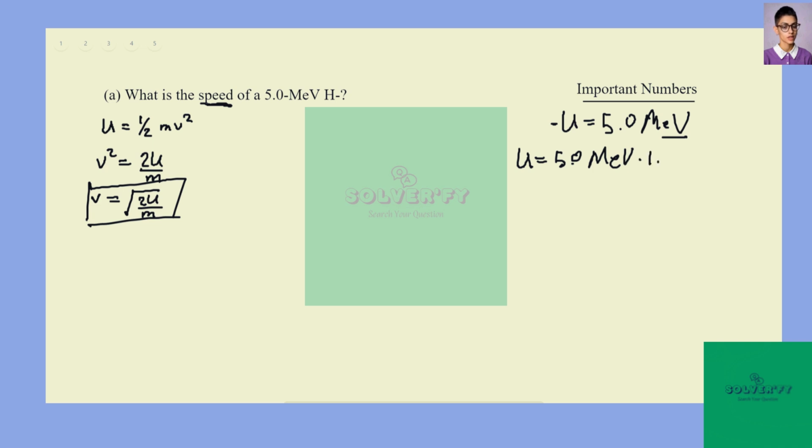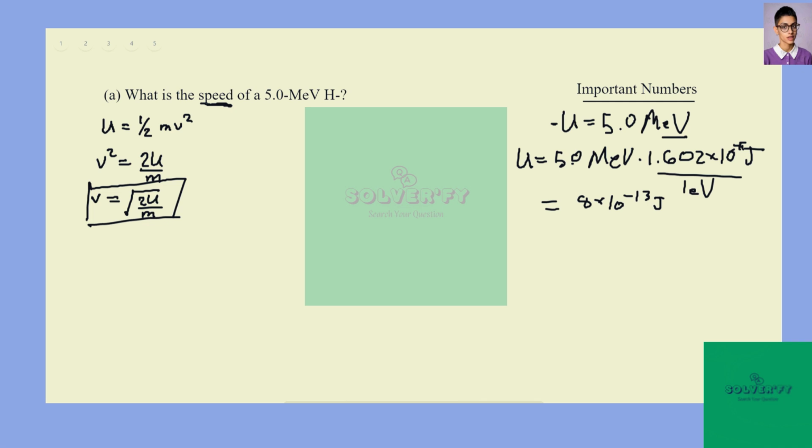So this is like multiplying by a fraction that is going to be unity, or the number 1. So we're going to multiply this by 10 to the minus 19th joules per electron volt. And that gives us a final answer of the potential in joules of 8 times 10 to the minus 13 joules.